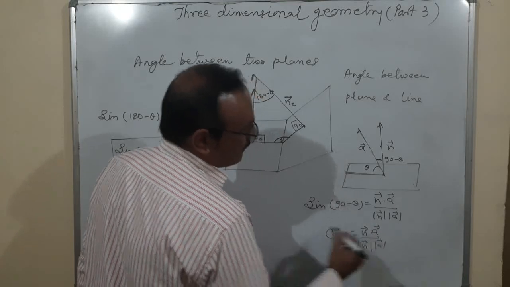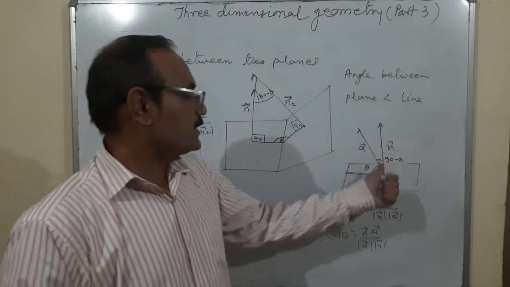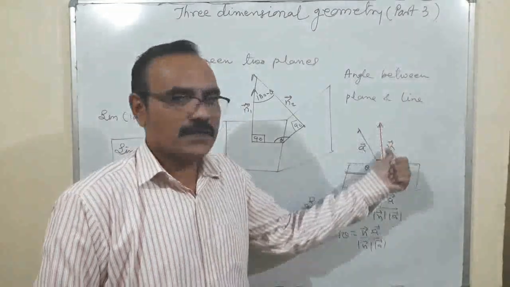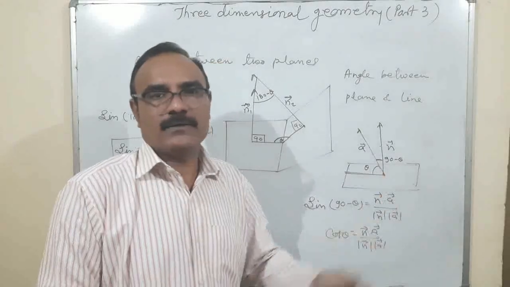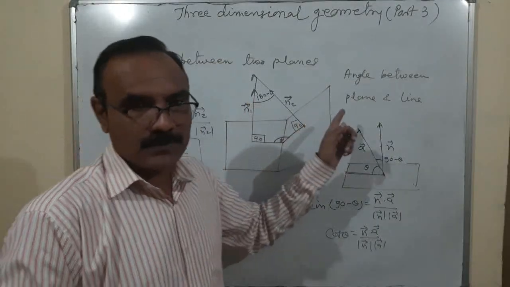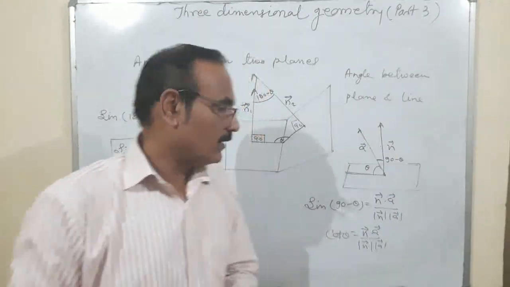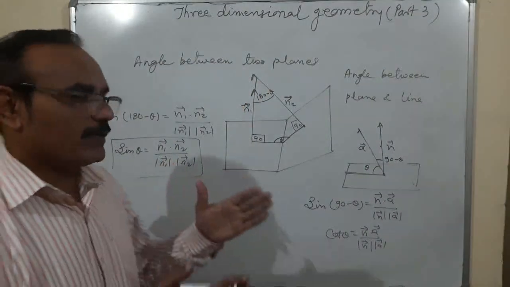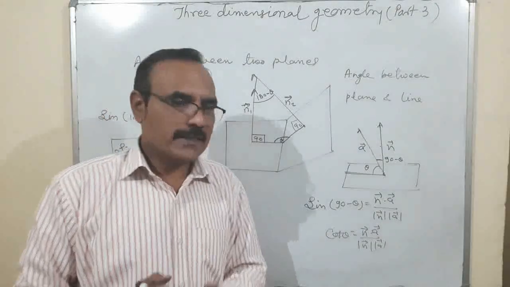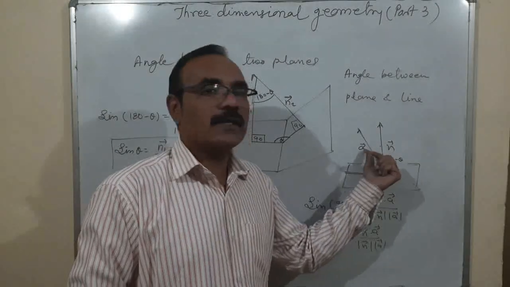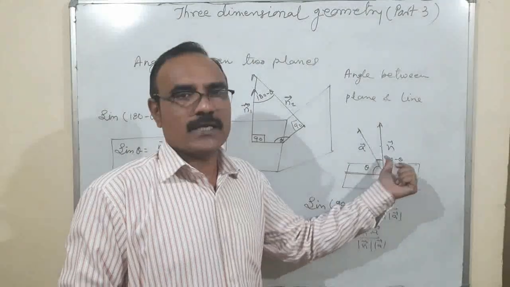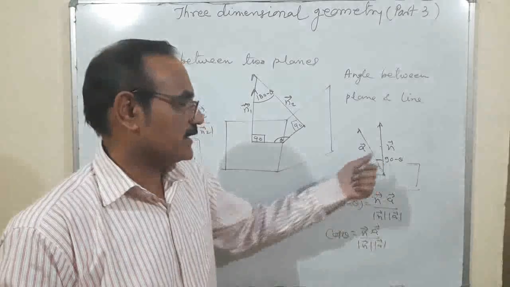So cos theta is equal to this, with the direction ratio of the line and the direction ratio of the normal of the plane. So this is the difference between the angle between two planes and the angle between plane and line. Here only sin comes when we find the angle between two planes, but here cos will come. Because actually here we are finding the angle between line and normal, and we are finding line and plane. So this is theta, and the remaining part is 90 minus theta in this angle.